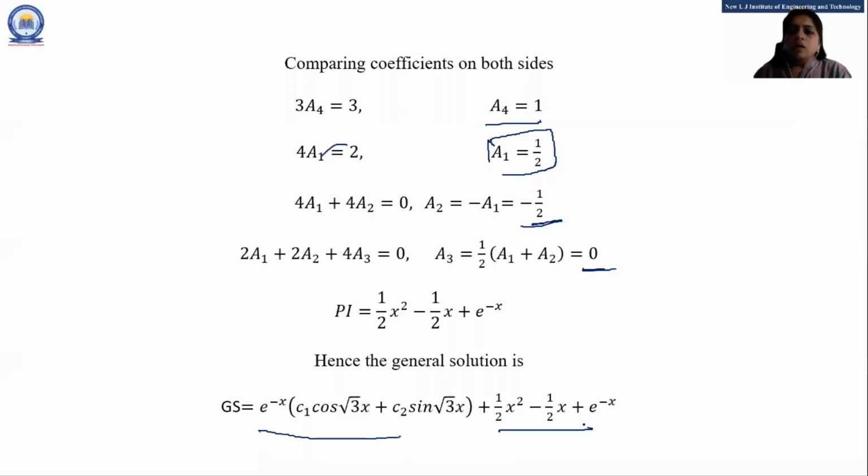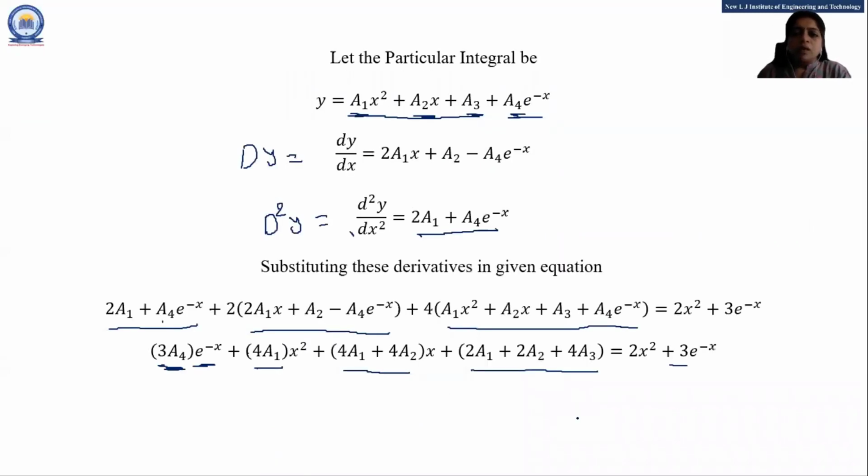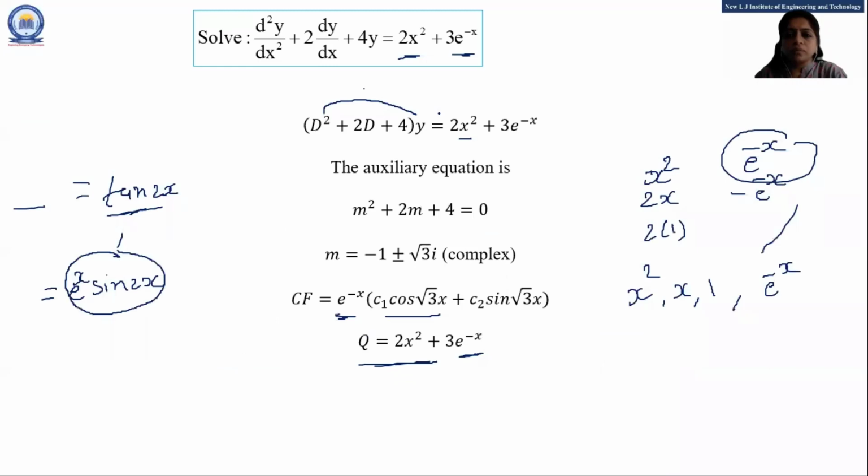Again, students, most important thing is when you assume your particular integral and when you write your assumed particular integral, make sure that there is no common term between your assumed particular integral and your complementary function. So what is your complementary function, students? Your complementary function is this.